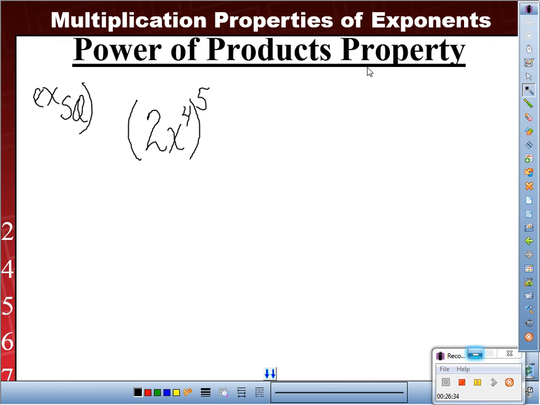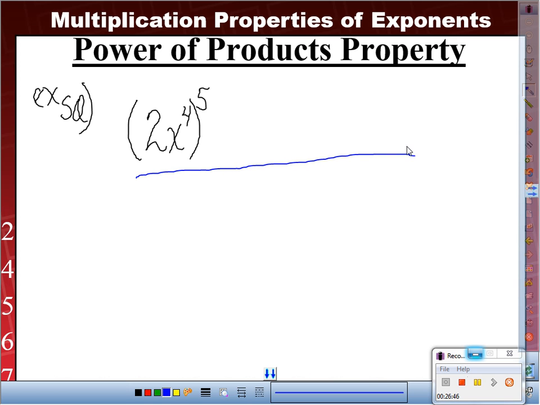However, look at the rule. Here goes the rule. First step, I said whenever you see a number or a variable without an exponent, you write a 1. This becomes... tell your neighbor what happened.